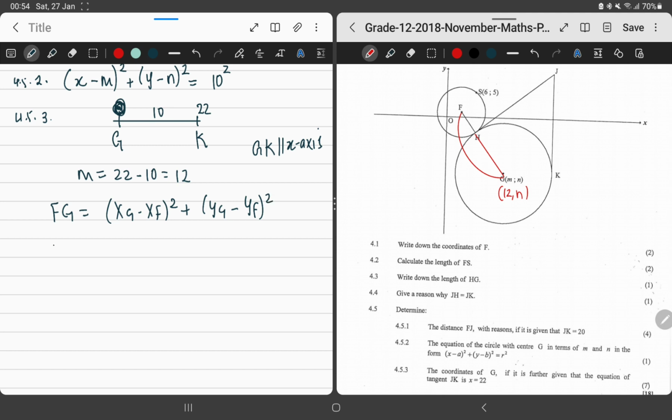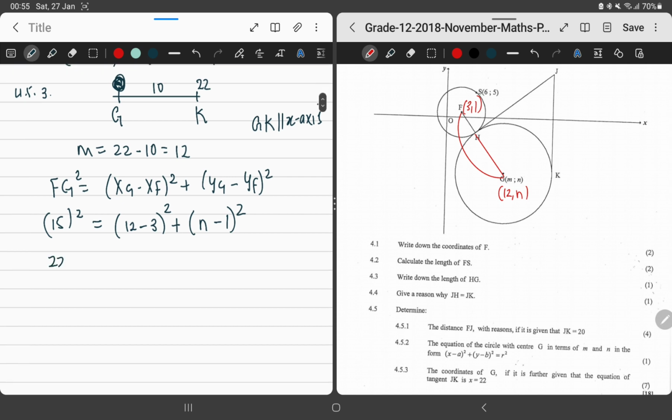FG is 15, because of the 10 plus 5, squared, is equal to x of G, that's 12, minus 3, the coordinates there were (3; 1), squared, plus y of G, n, minus 1, squared. So this is 225. Just going to say 15 squared minus (12 minus 3) squared. That's 144. (n minus 1) squared.